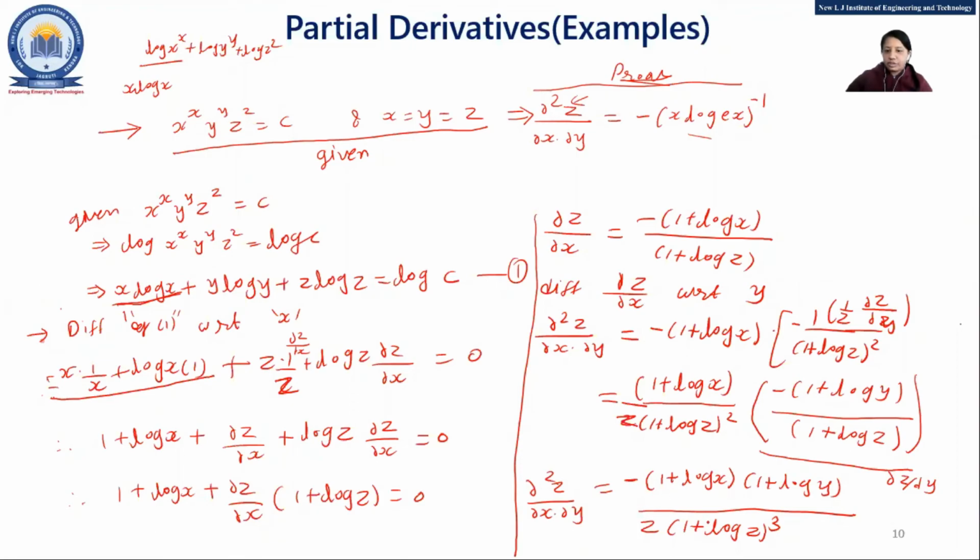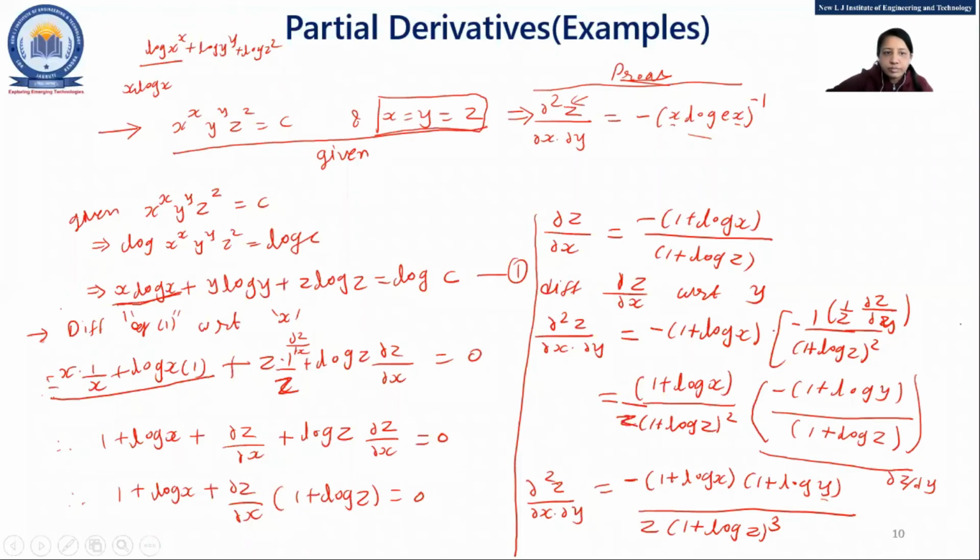We'll be having this term. We want to prove this, x log ex raised to minus 1. So see, we have not used this till now, x equal to y equal to z. So what we are going to do? See, here all the terms are in x. In the answer, all the terms are in what? X. So what I'll do? I'll write down x here, instead of y, x, instead of z, x.